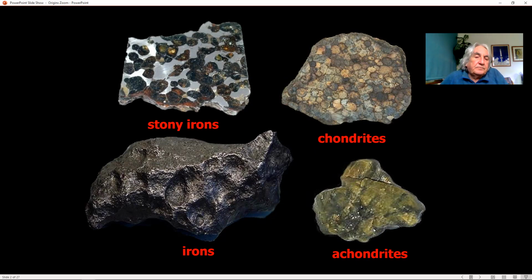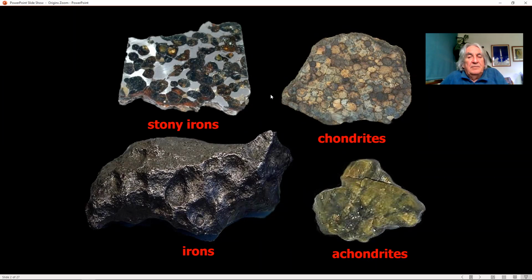And it's assumed that iron meteorites, which are probably the second most abundant, represent the cores of planets that were liberated during massive collisions. They're roughly all the same age, 4.2 billion years old. So it's assumed there was a lot of bashing and collisions going on at that time.